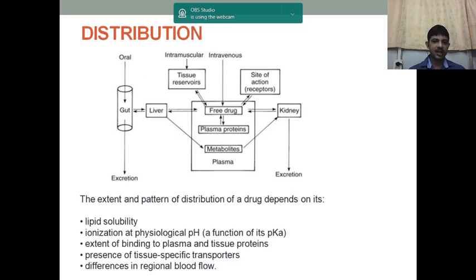The extent and pattern of this distribution depend upon lipid solubility, ionization and physiological pH, extent of binding to plasma and tissue proteins, presence of tissue-specific transporters, and different regional blood flow. These are the major factors responsible for the extent and pattern of drug distribution into the different body compartments.